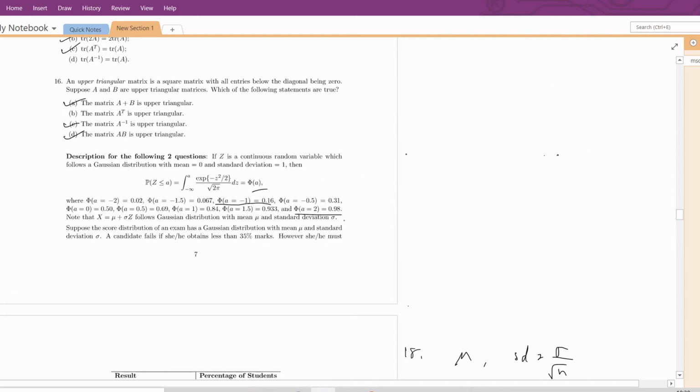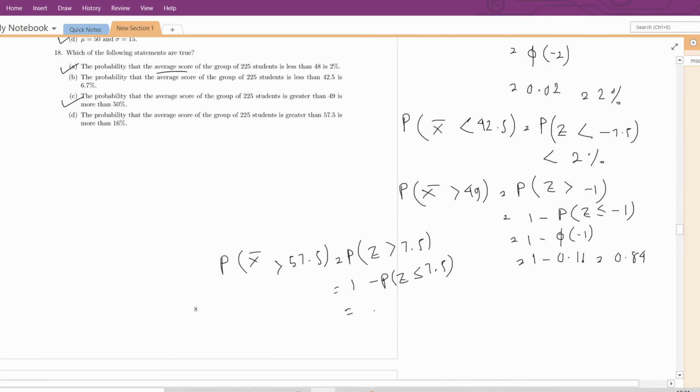Phi of 2 is approximately 0.98, which is very near to 1. So we can write phi of 7.5 as 1 and it is 0. So the probability that the average score is greater than 50 is 16%, it is false. So the correct options are option A and option C.